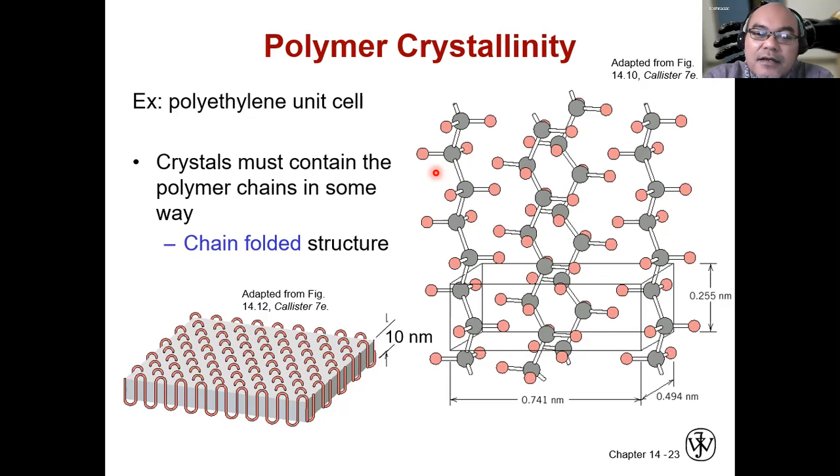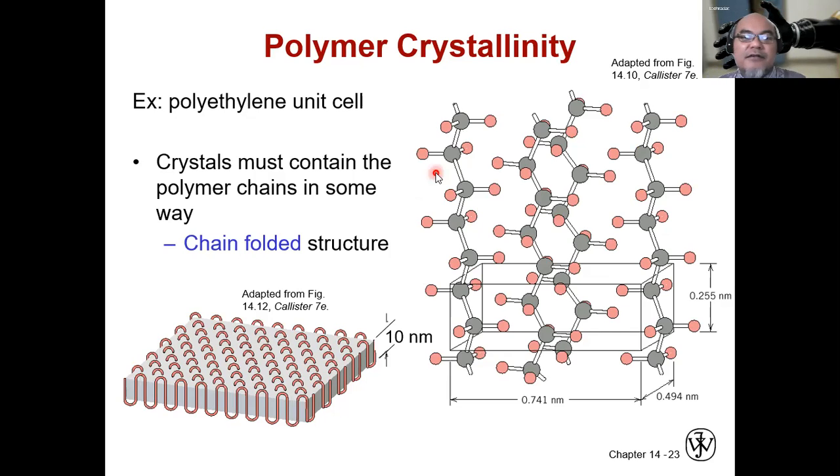However, the crystallinity will vary. Later we will see in the next slide that in metals or ceramics, you have this crystallinity in long range order, in long range distance. In polymers, sometimes it only exists at short distance.